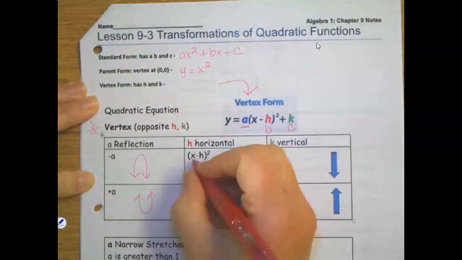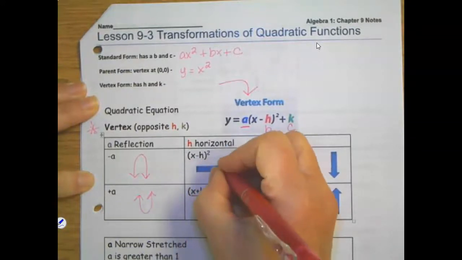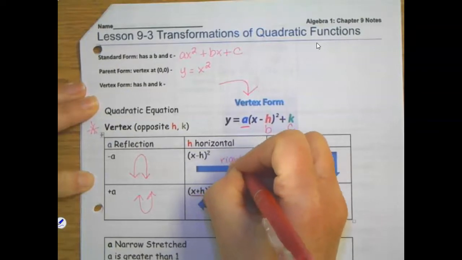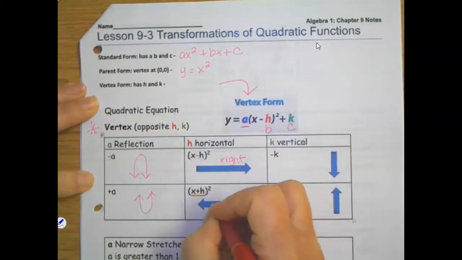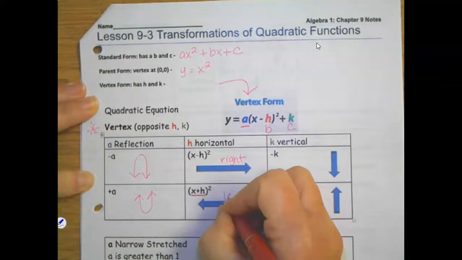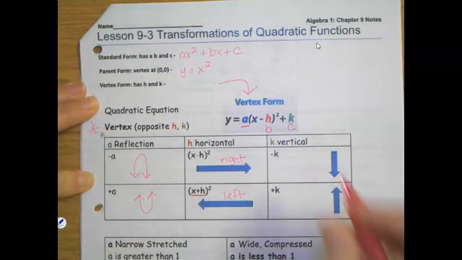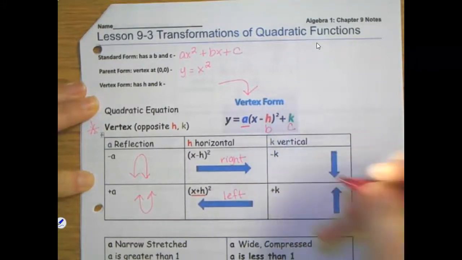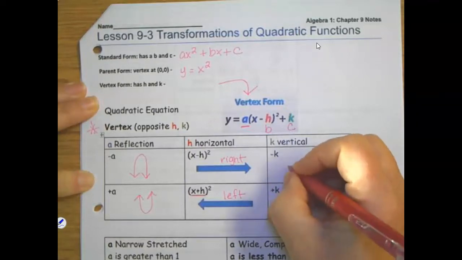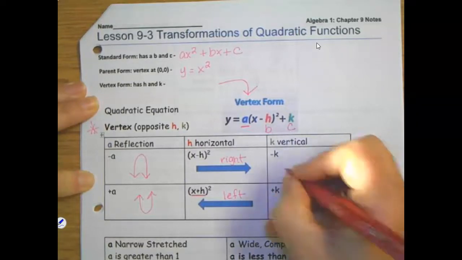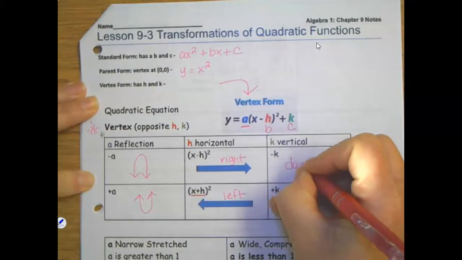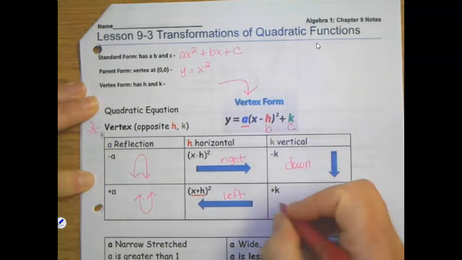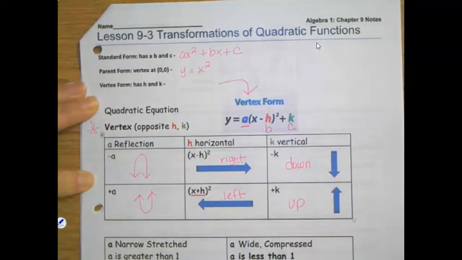So if this says negative, your movement is to the right. If it is positive, because it's the opposite, it's going to move to your left. This guy at the end is easy because it tells you whether to go downwards if it's negative, and if it's positive, it's going to go up. That one's the easy one.